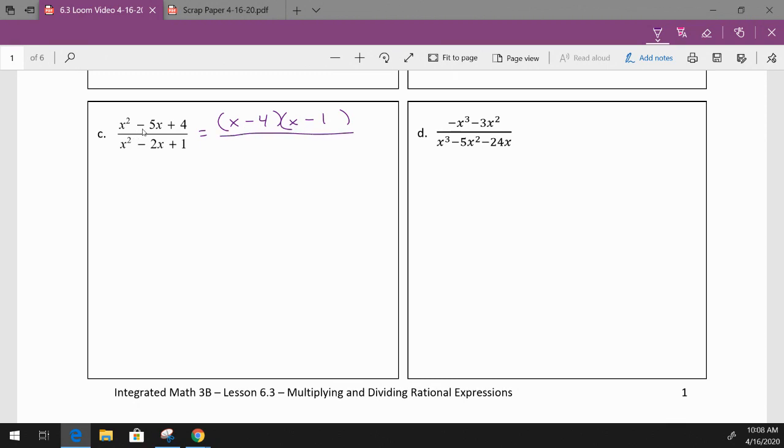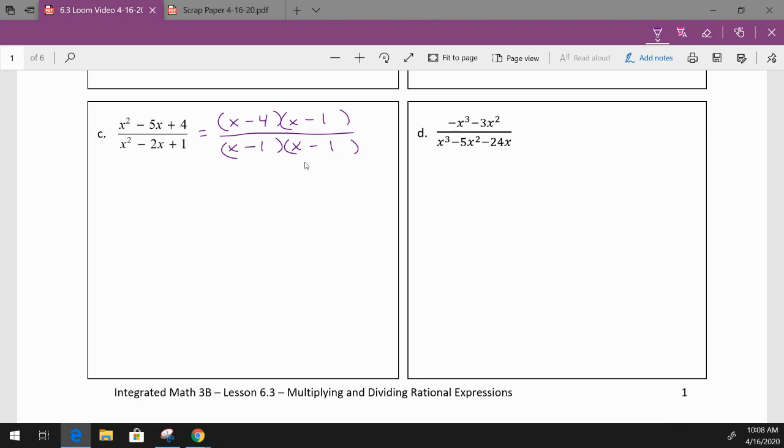In the denominator, the x squared minus 2x plus 1 can be factored, x and x. Again, two numbers that multiply together to equal 1 that add up to -2 would be -1 and -1. So we have two factors of x minus 1 in the denominator.